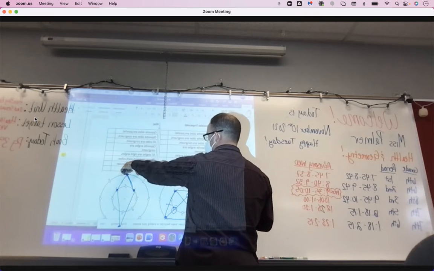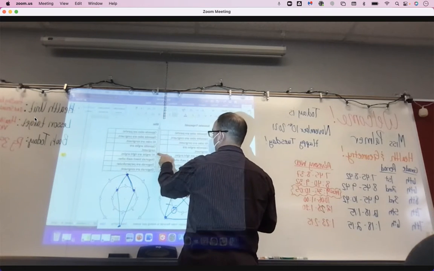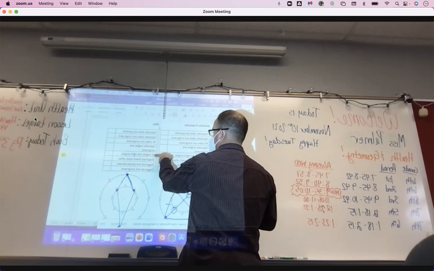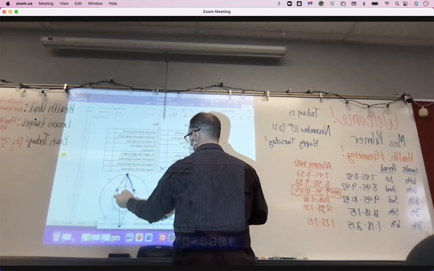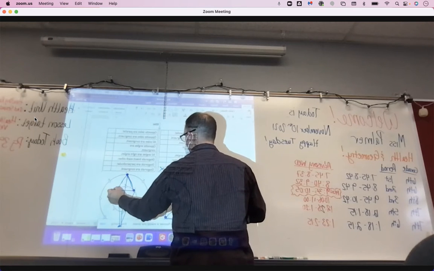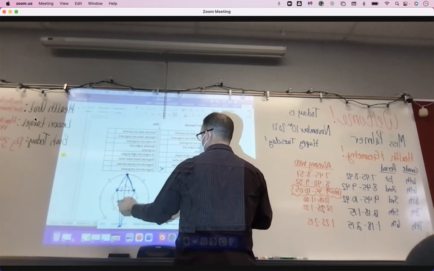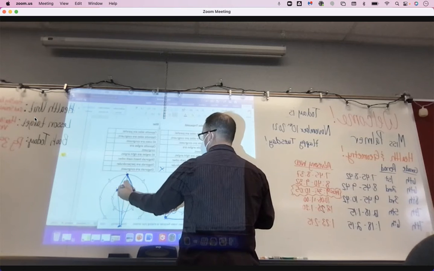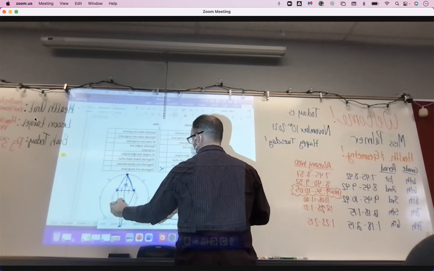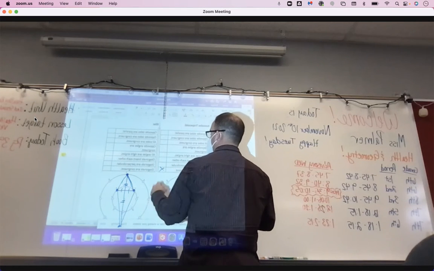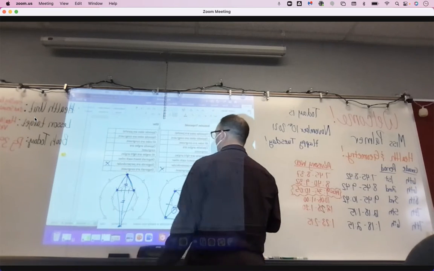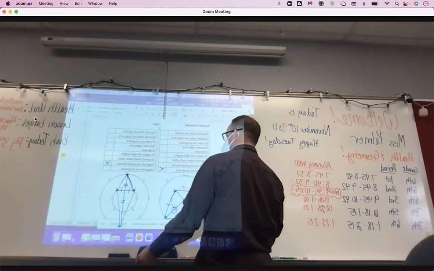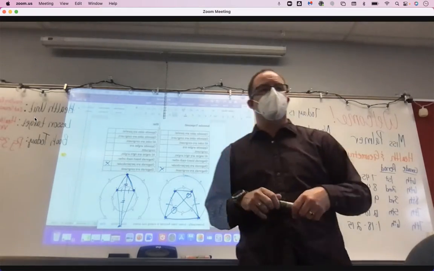I think this angle up here is bigger than that angle down there. All angles are right angles? No. Diagonals bisect each other? No. That's not the same as that. Are these two the same? Yeah. And are these two the same? No, so that's a no. Diagonals are perpendicular? Yes. Diagonals are congruent? No. Okay, that's a kite and a trapezoid.